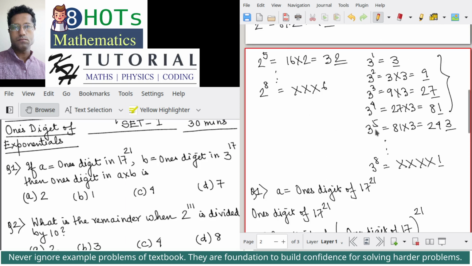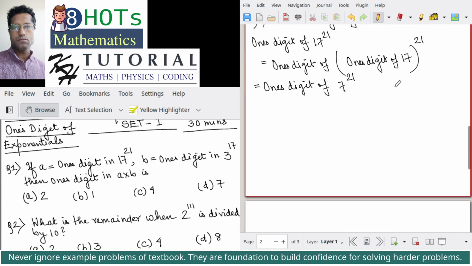Now we haven't seen what pattern is followed by the powers of 7. So let's quickly see. 7 to the power 1 is 7, so the ones digit is 7. 7 square is 49, so the ones digit is 9. 7 cube is 49 multiplied by 7, which is 343, so the ones digit is 3.